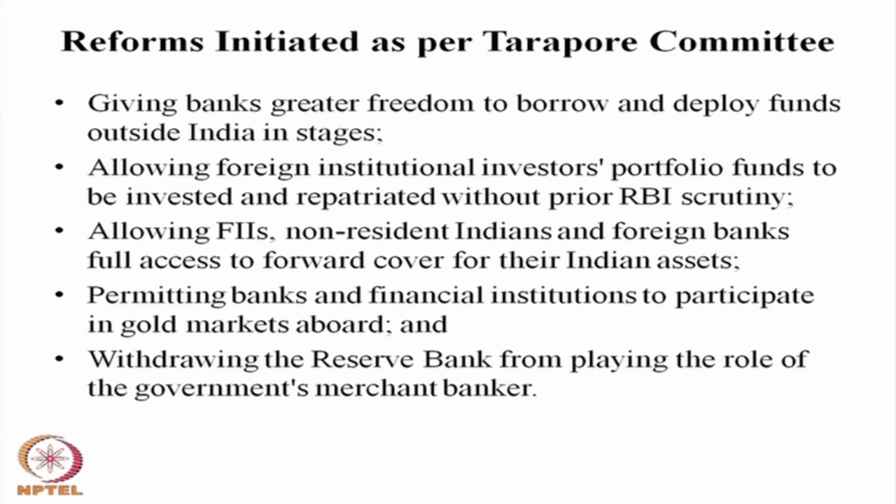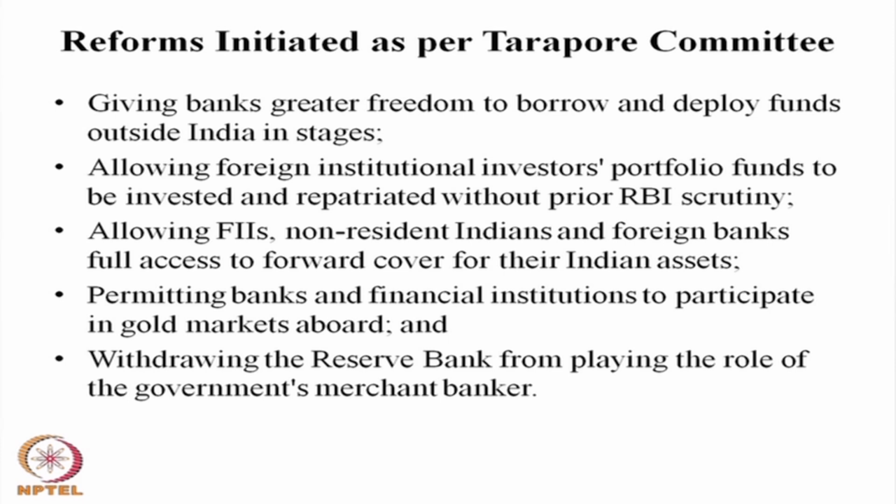They also advised that banks should be permitted to participate in the gold market abroad, particularly gold buying and selling abroad. Similarly, regarding the merchant banker role, they recommended withdrawing the Reserve Bank from playing the role of the government's merchant banker.